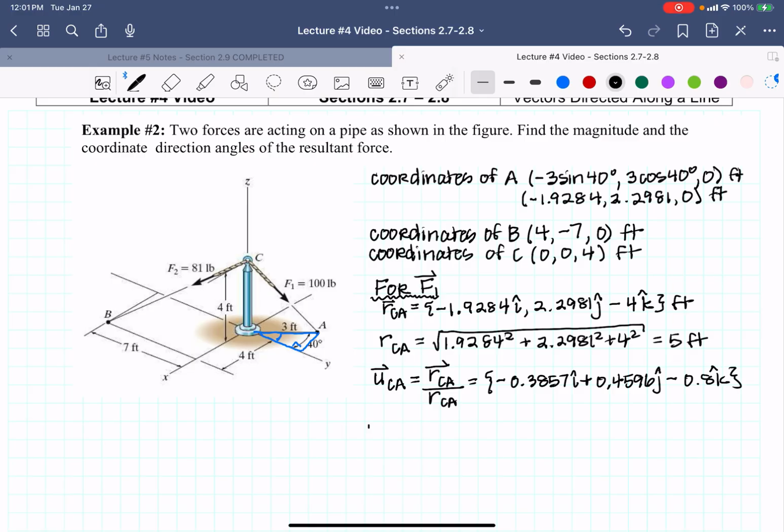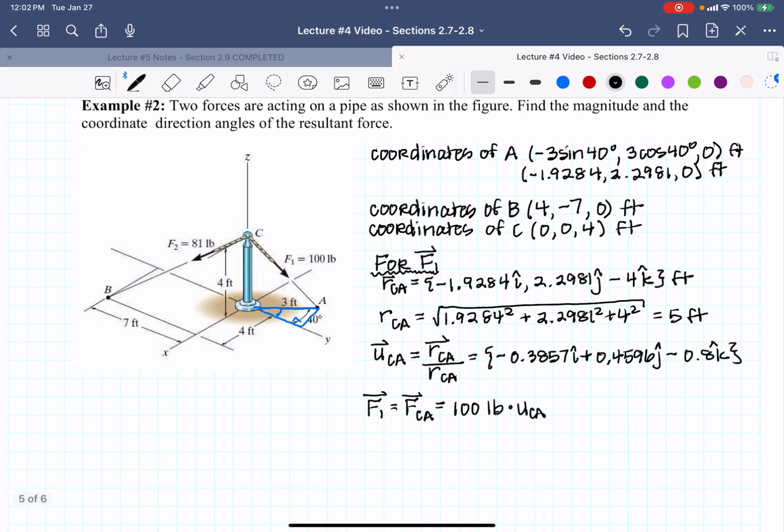So now to find the vector for F1, which I'm also calling FCA, from C to A, is equal to 100 pounds, because that's the magnitude of the vector, times the unit vector. Have to be careful that that's a times and not a dot.